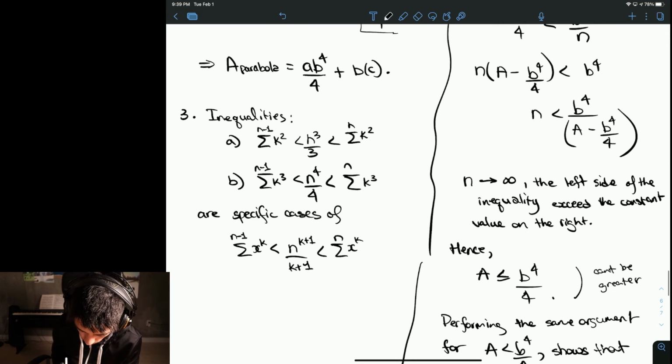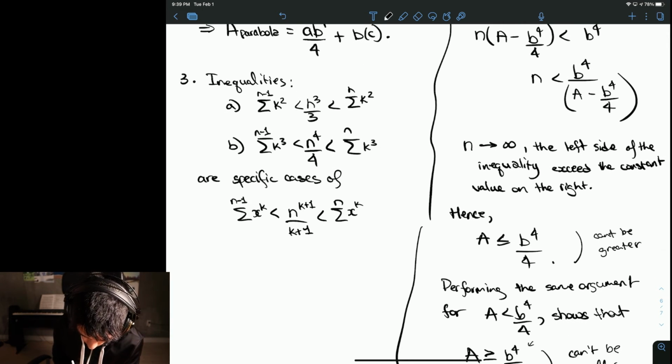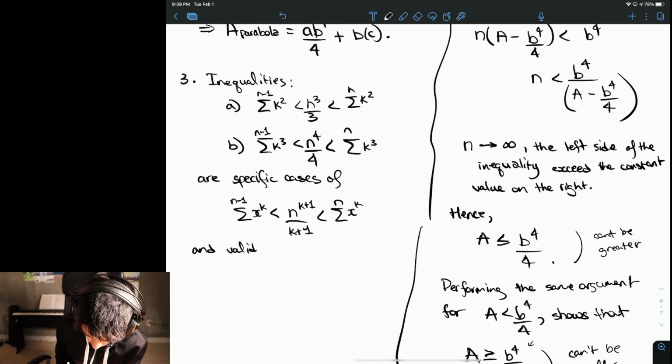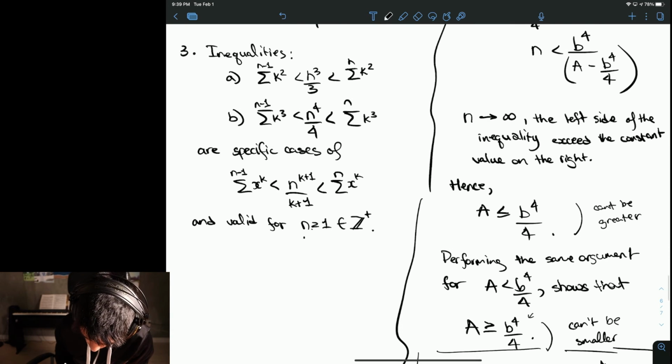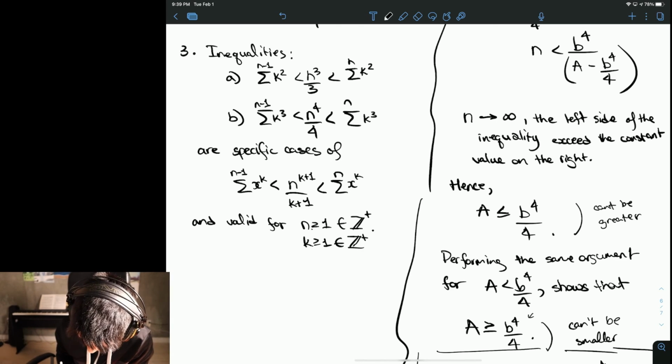And that this is valid for n greater than or equal to 1 in the integers, as well as k being greater than or equal to 1, also in the positive integers.